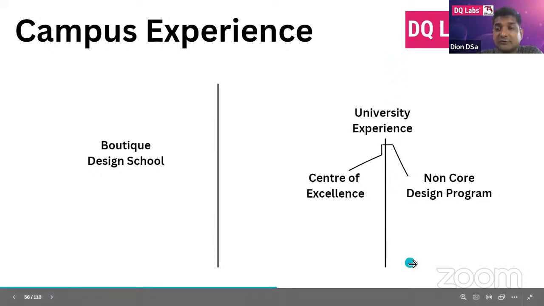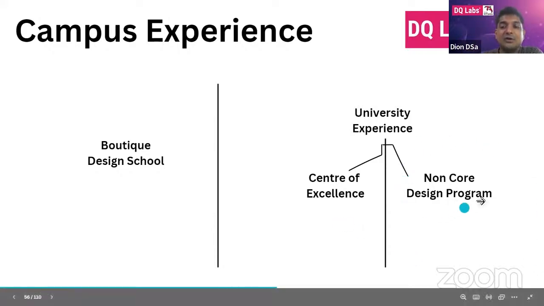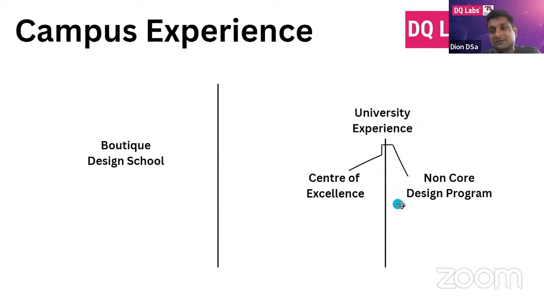Now, within the university schools, there's a bifurcation there. And that bifurcation is that they want their design school to be a center of excellence. That means they want it to be the number one school in India, right? Or they want it to be one of the programs that they offer, and not really a priority program.